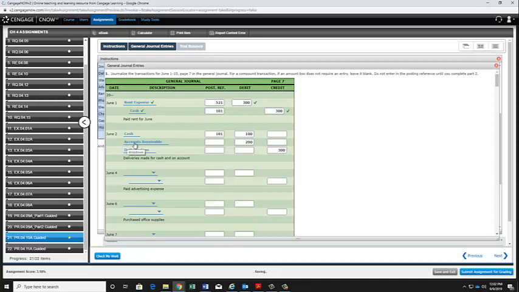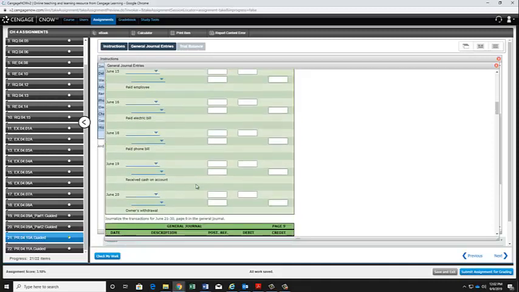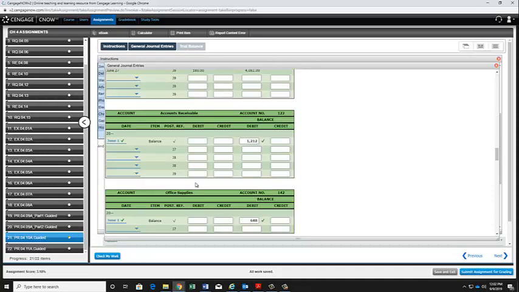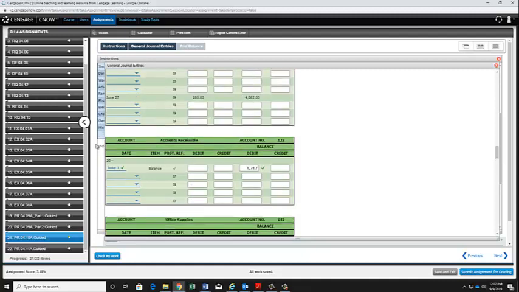Okay, now we need to go to accounts receivable and give it a debit of 200. So accounts receivable should be right after cash. Okay, June 2nd, we're going to give that a debit of 200. So we have a debit and a debit, so our new balance is $14.12. We've added those together. Make sure not to just bring your number over.